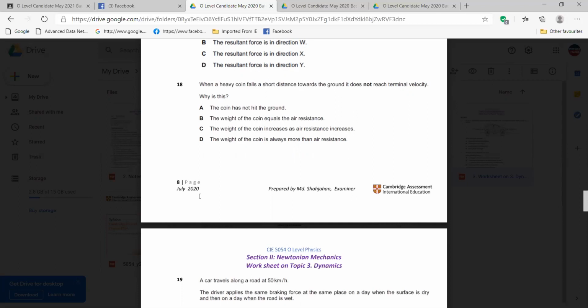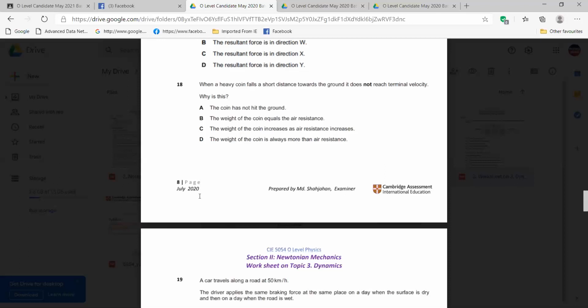A short distance towards the ground, it does not reach terminal velocity. The weight of the coin increases as air resistance increases. No, no, I think it's D, because the weight of the coin is always more than the air resistance.